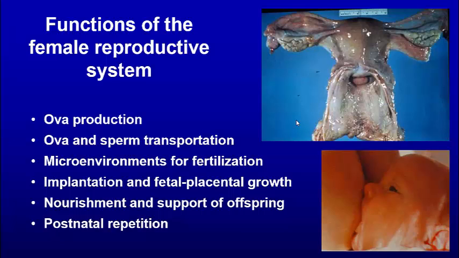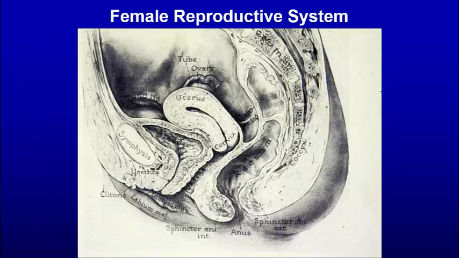It also provides nourishment and support for the offspring once the baby is born. And also, very importantly, is that postnatal repetition. Right after birth or after her period, then she goes right back into being receptive again, and that's just repeated over and over again.